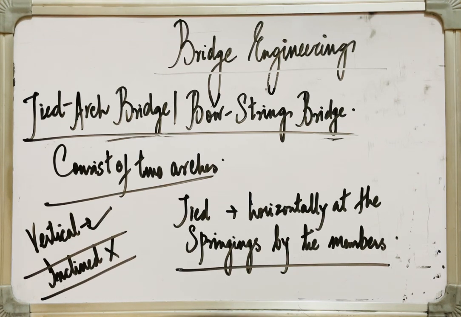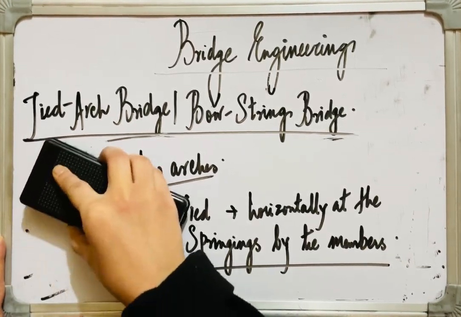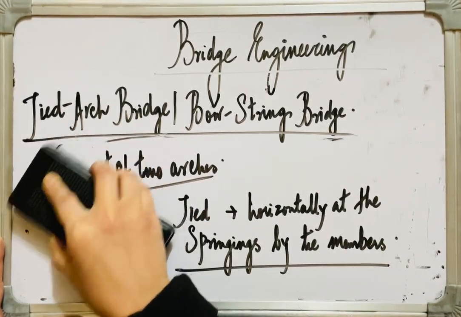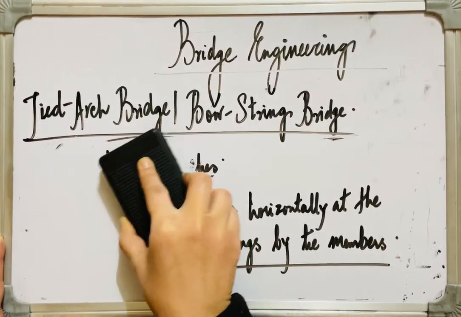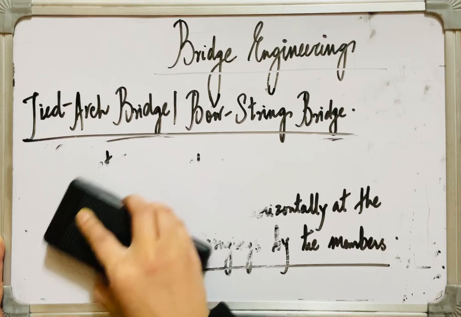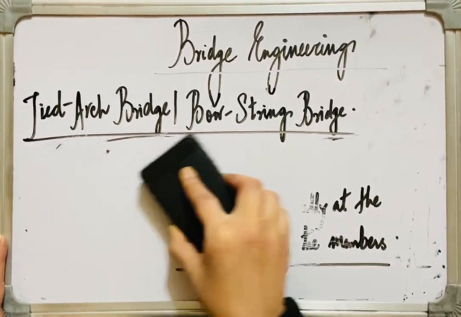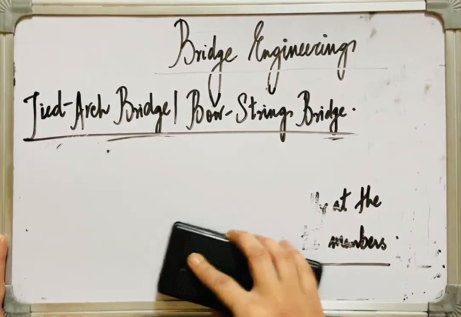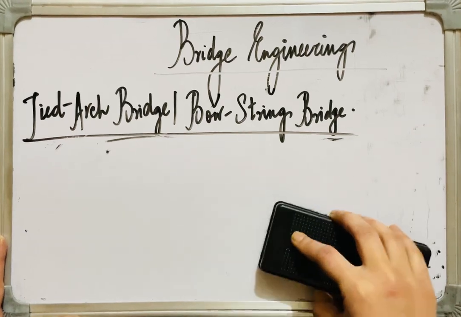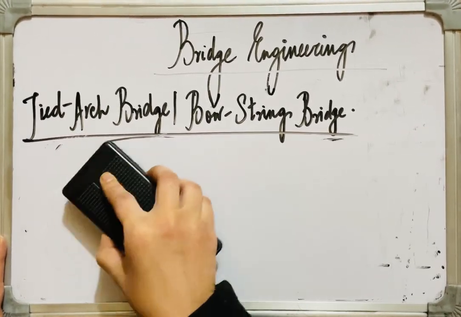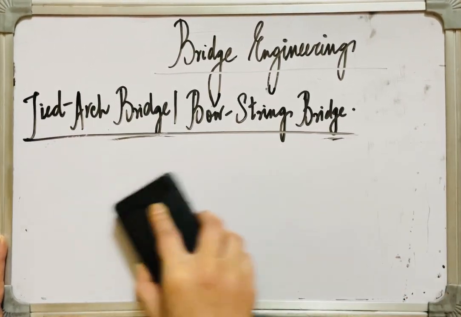And this structure, a tied arch bridge, combines the advantages of two hinged arches, at the same time eliminating the main difficulty of the arch supports. That is, what is the main difficulty of arch supports? That is horizontal thrust at each support and the inclined reactions thereof. All right.